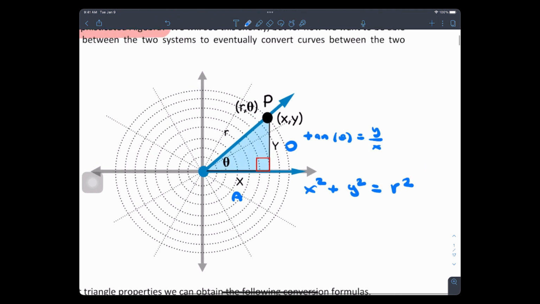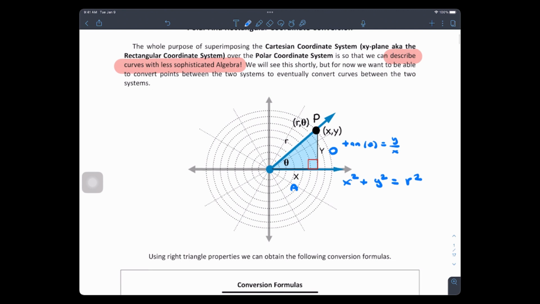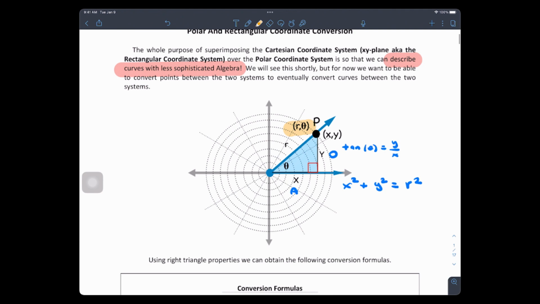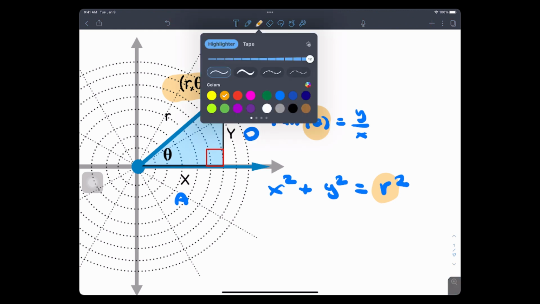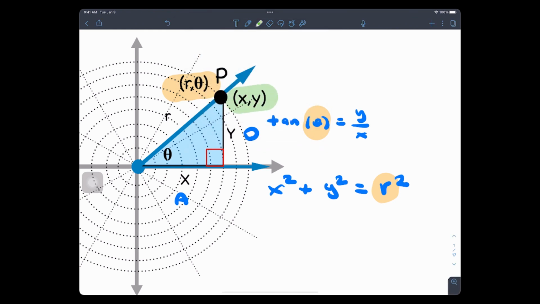Remember, the polar world has r and theta. Here's your theta, and here's your r in the polar world. You guys are aware of that, right? The rectangular world has the coordinates x, y.